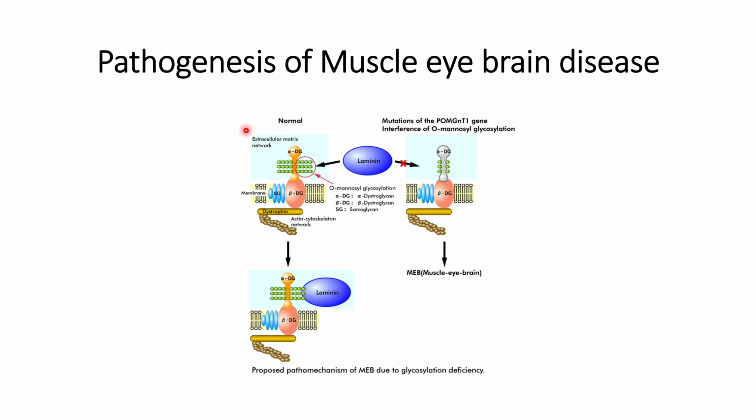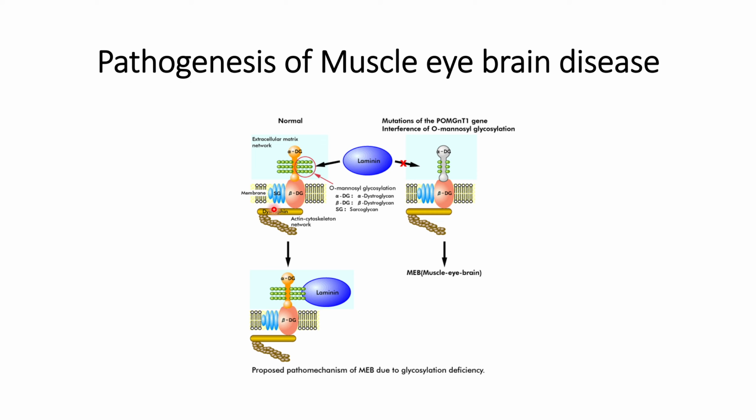This is the normal dystrophin, which consists of alpha dystrophin and beta dystrophin, and it is considered to be the main problem in muscle eye brain disease. That is, it is not functioning normally in the disease.